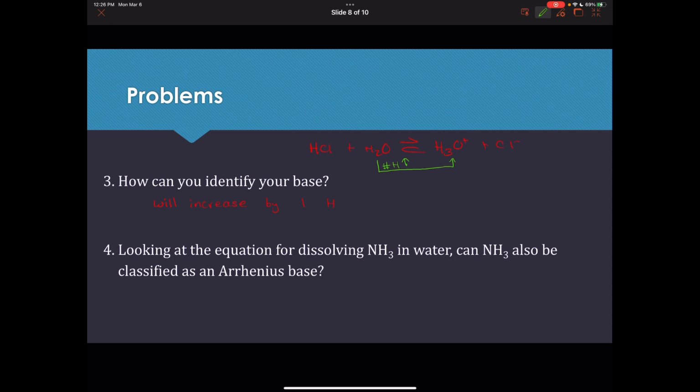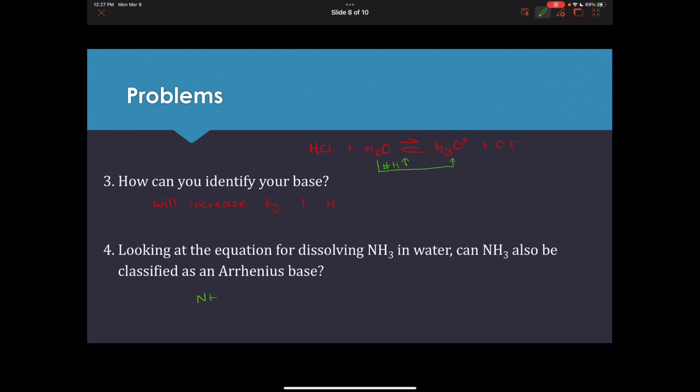Now, we said that some things were going to cross both definitions. Anything that is an Arrhenius acid is a Bronsted-Lowry acid, because when that Arrhenius acid releases the H+, it transfers to the water, forming hydronium. Bases is where we're going to see some differences. Now, looking at ammonia, NH3, it is going to be classified as an Arrhenius base. Remember, the definition for an Arrhenius base is that something produces hydroxide in solution.